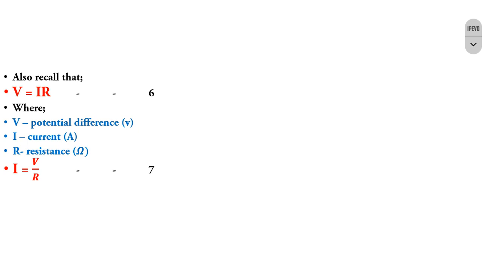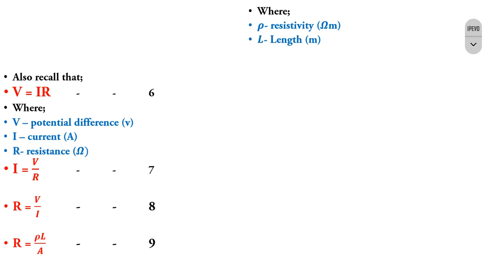Still from equation 6, assuming I want to solve for the resistance, or make the resistance the subject, then I will have equation 8, R equals V over I. But we also have that resistance can be rho L over A, as shown in equation 9, where rho signifies the resistivity of the material.